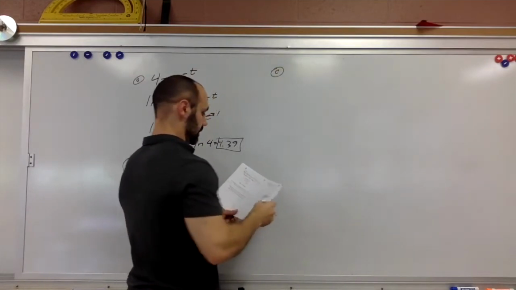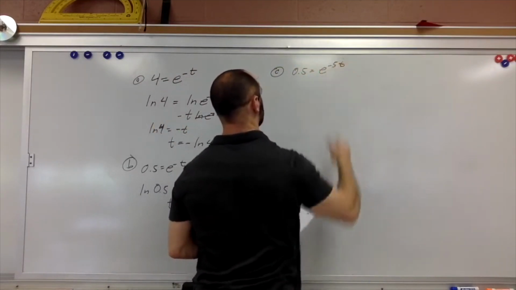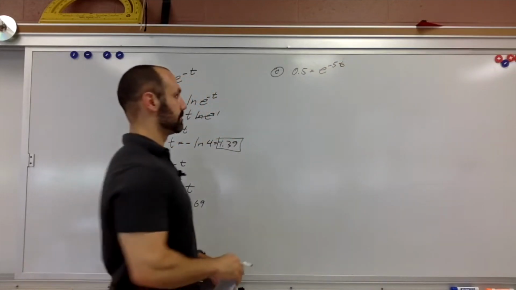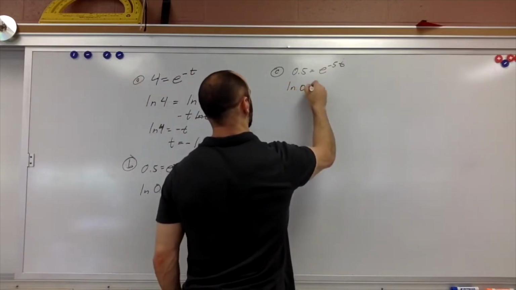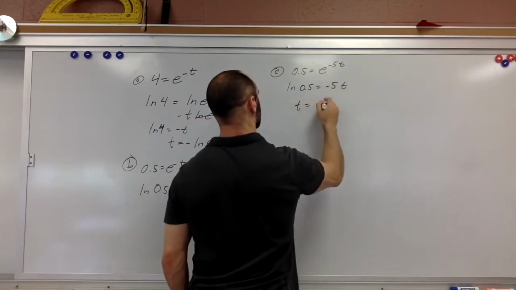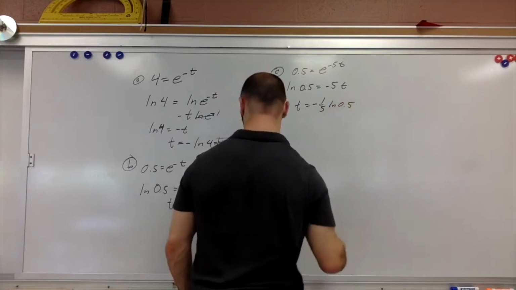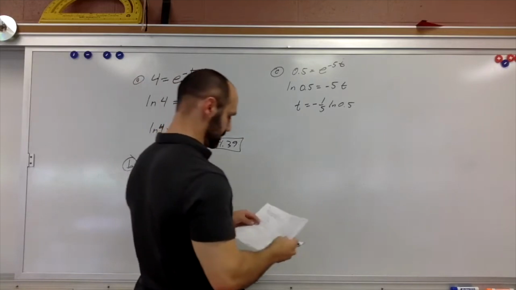Now we're looking at 0.5 equals e to the negative 5t. Okay, so now we have a coefficient on the t in the exponent. So how does this change things? We end up with natural log of 0.5 equals negative 5t. So that means t is equal to negative 1 over 5 natural log of 0.5. So it's like I'm taking this and I'm just dividing by 5.